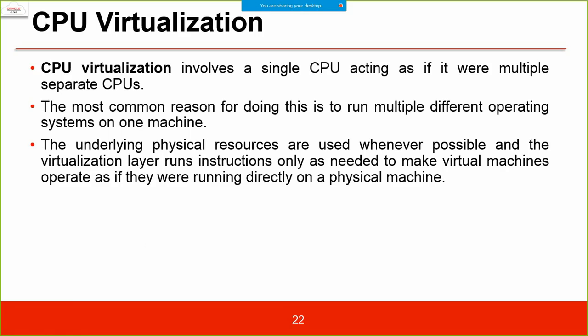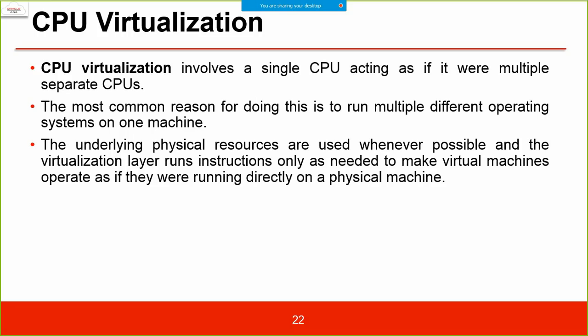CPU virtualization. Now, some general, very basic definitions for the people who don't know anything about virtualization and don't have any background. CPU virtualization, what is it? It involves a single CPU acting as if it were multiple separate CPUs.